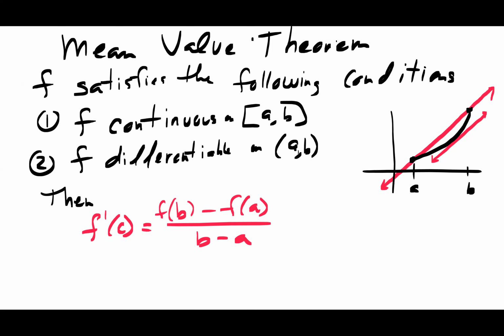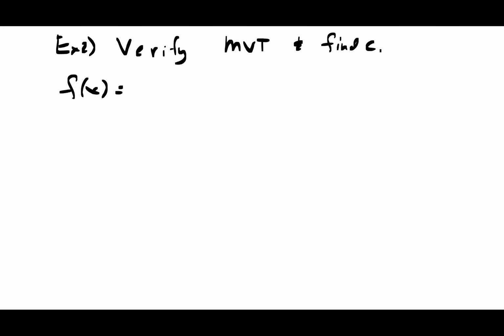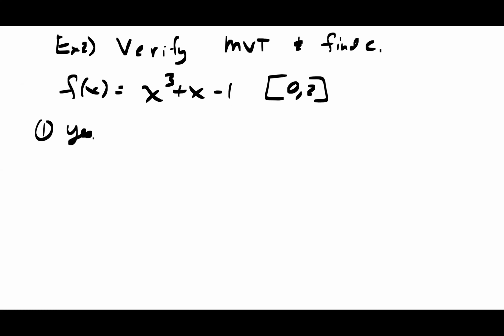All right, so let's do an example. Example 2. Verify that this fulfills the mean value theorem, and then find c. The function is x to the third plus x minus 1, and we're going to go from 0 to 2. First things first, is this continuous?